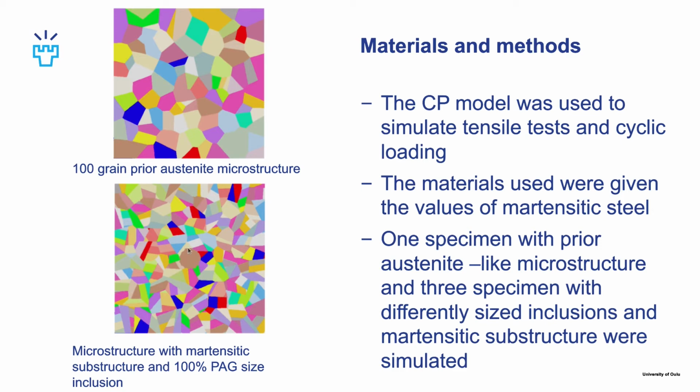There were three variations of this microstructure: this one being 100% prior austenite grain size inclusion, there was one smaller with 50% and one larger with 200%. And these microstructures were used in tensile tests and cyclic loading, and both of these were given the values of high strength martensitic steel.